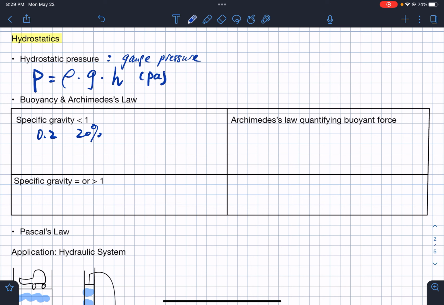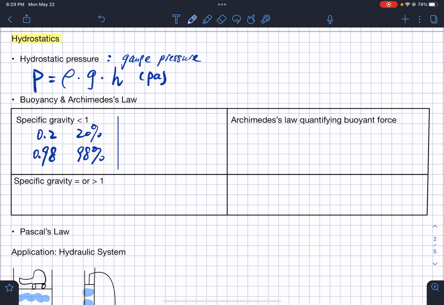Or if another object has a specific gravity of 0.98, which is higher than 0.2 but still less than 1, okay? Then 98% of this object will be submerged in water, right?